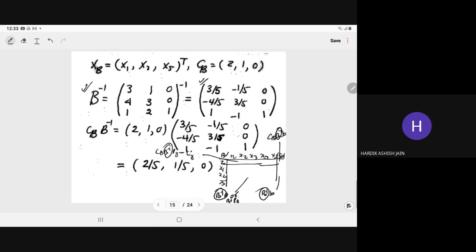Thereafter, we require the CB inverse. So here first we compute the CB inverse. CB is what? 210. Why is it 210?